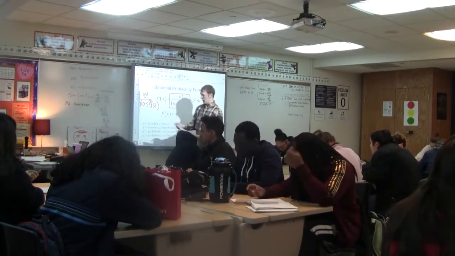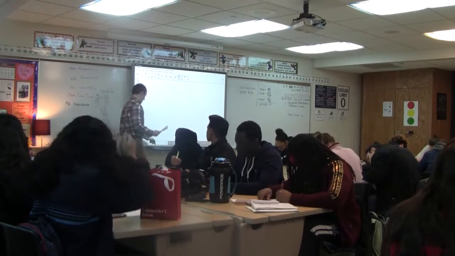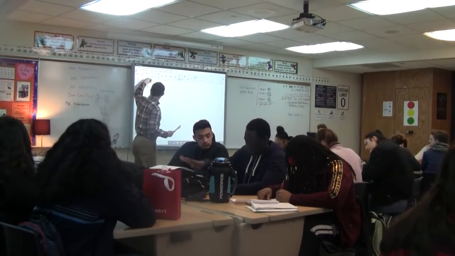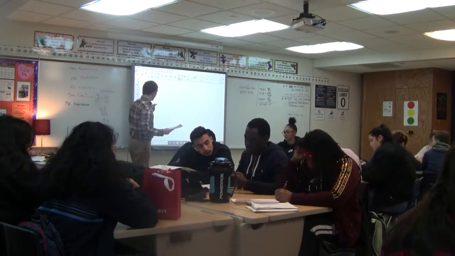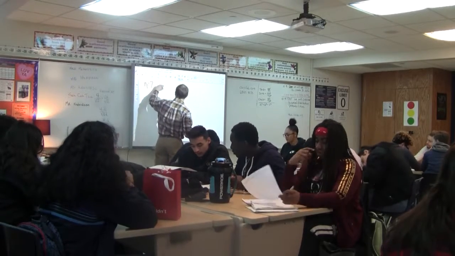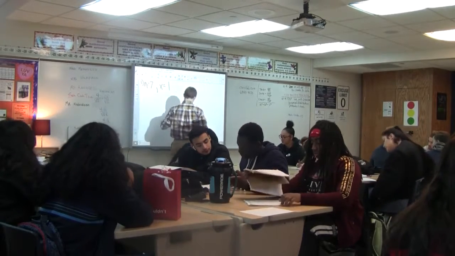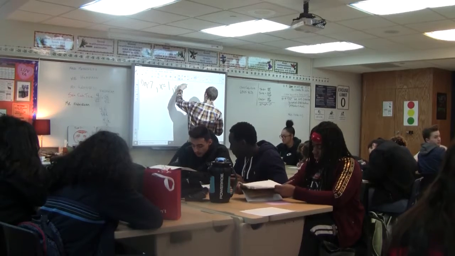Good? All right, let's look at number 1. We have n equals 7. We're going to assume these are binomial probability distributions. n is 7. x is 1 over here. And then p is 0.01.